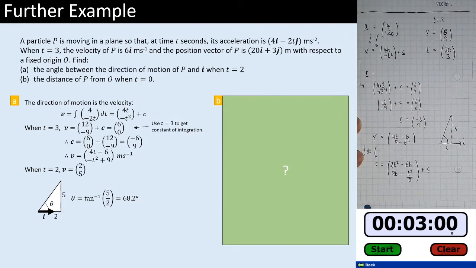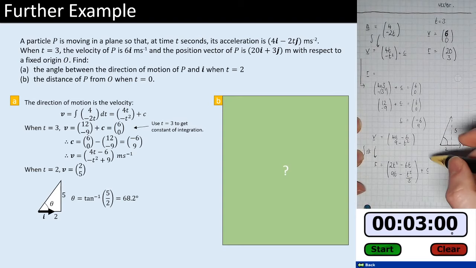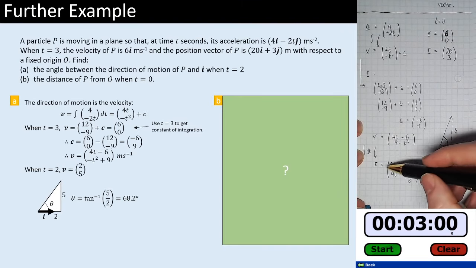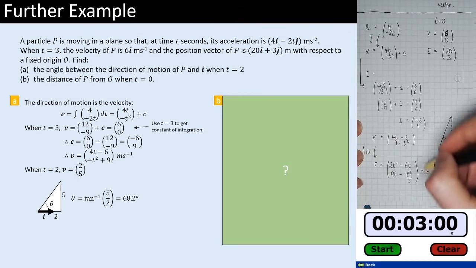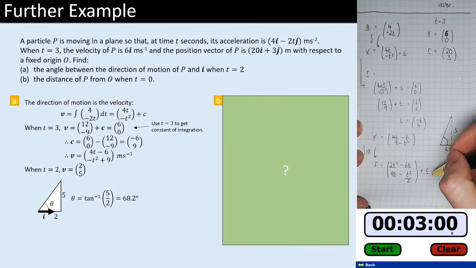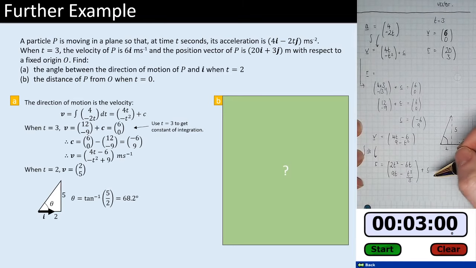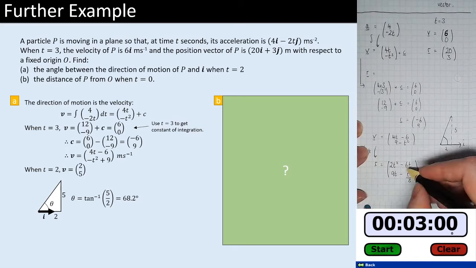And then we want the distance of P from O when t is equal to 0. So we would have our expression for our position vector, including our constant, and then we would substitute t is 0 into it to find out what the distance is in terms of a vector.